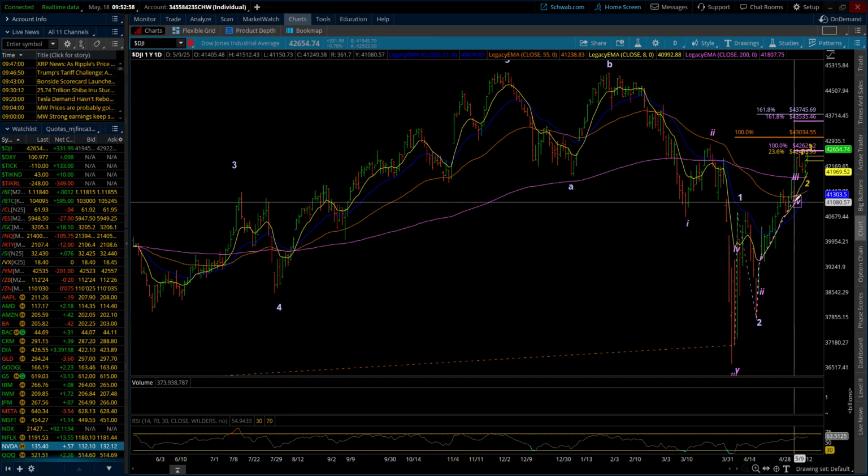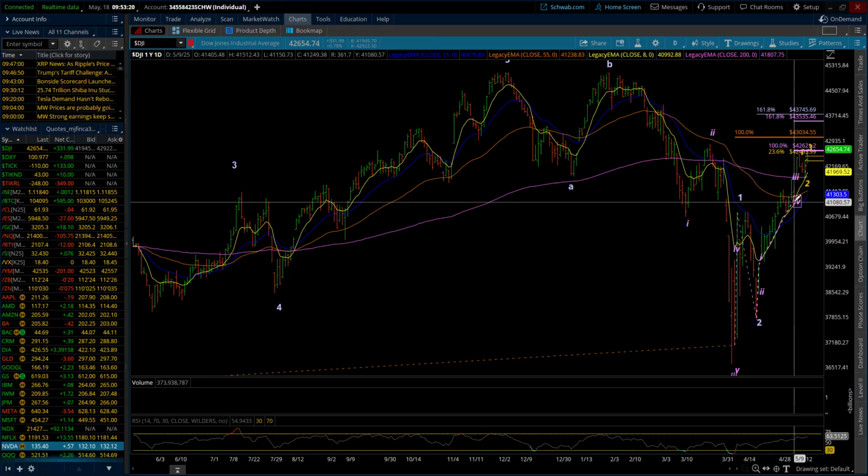But I do think we can come back, even if we said that we're going to just drop 5%. I don't think that we'll get the larger drop here. But 5% could bring us back to 40,000 or 41,000.